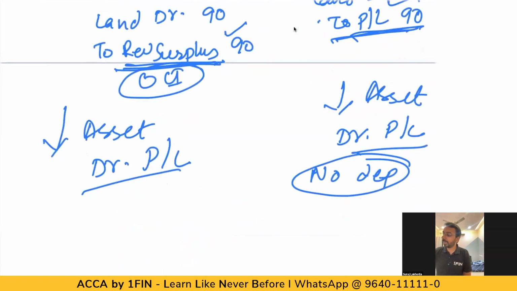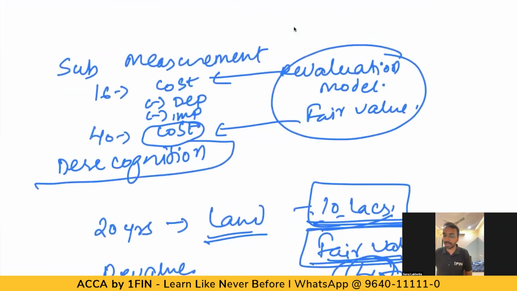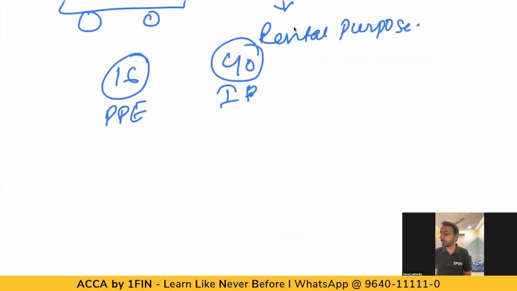And subsequently, if this asset is no longer required or is sold off, disposed of, then you will de-recognize. Recognize, get into the books, de-recognize, move it out of the books. Okay, so that broadly covers the areas around property, plant and equipment and investment property.